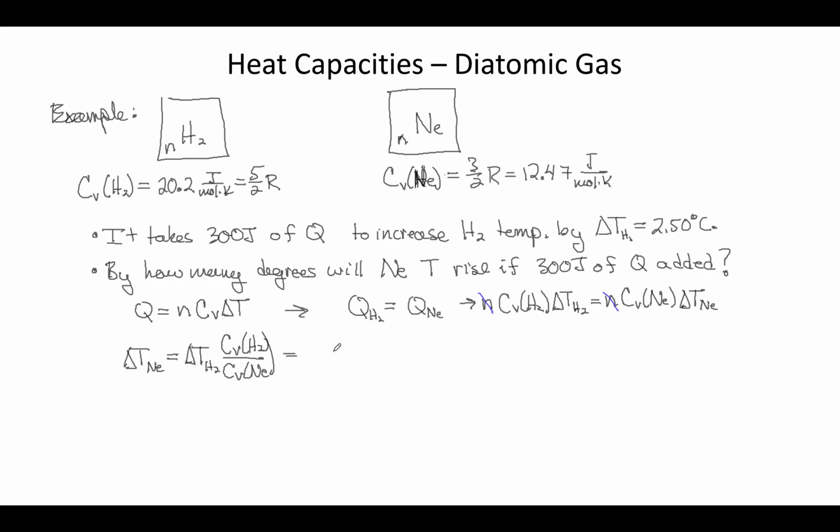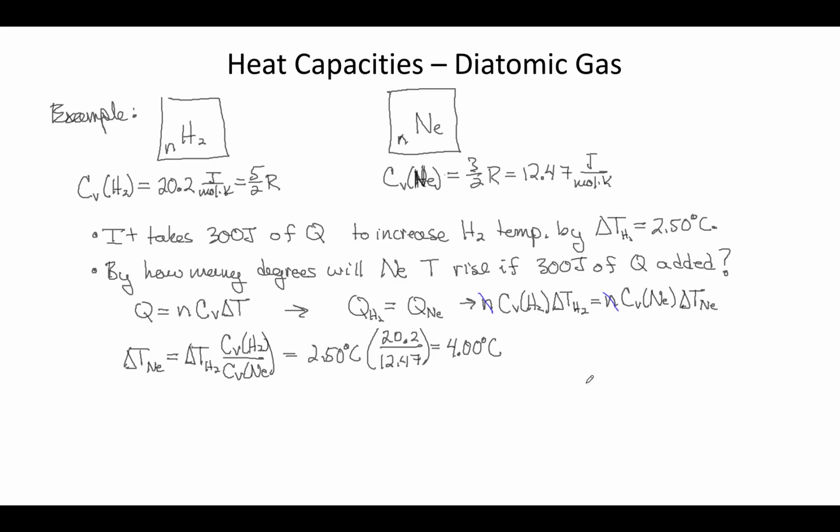Put in the numbers, 2.5 degrees Celsius times H2's 5/2 R, or 20.2. I'll suppress units here because they're all going to cancel, and our 12.47. If you do the numbers, it comes out to be just about exactly 4 degrees Celsius.